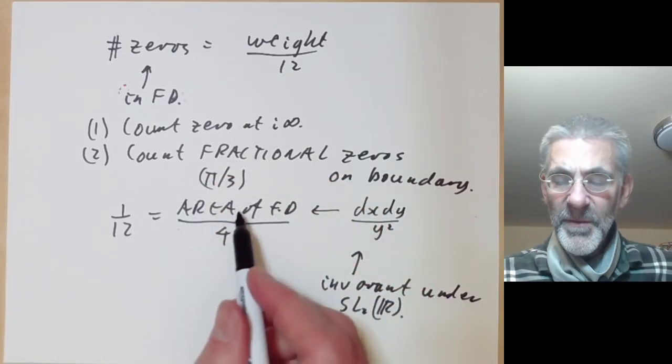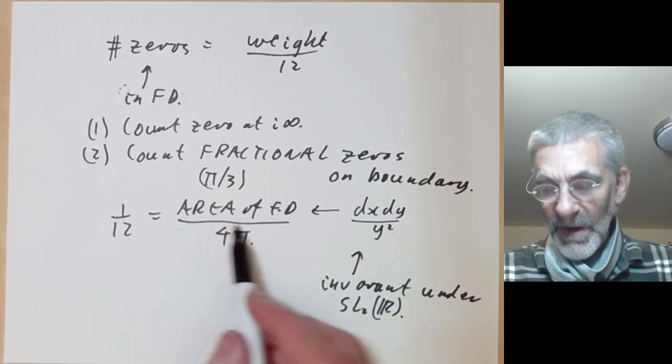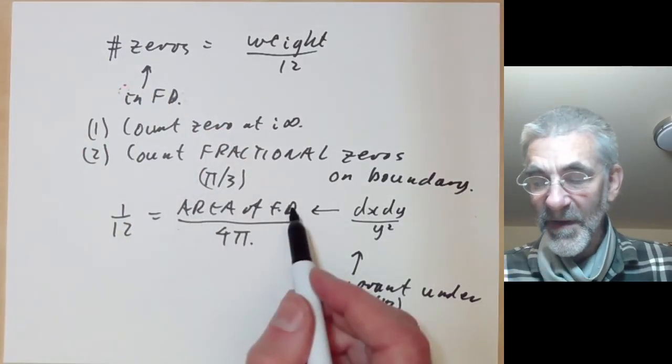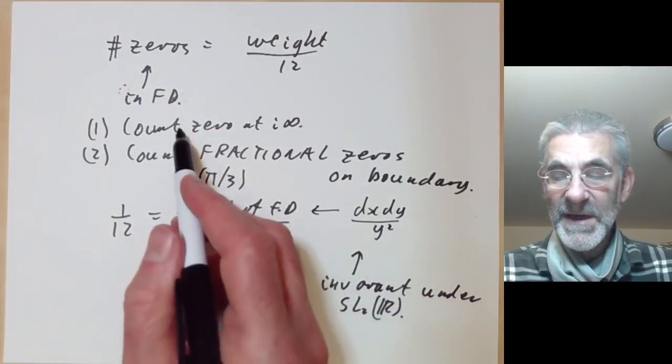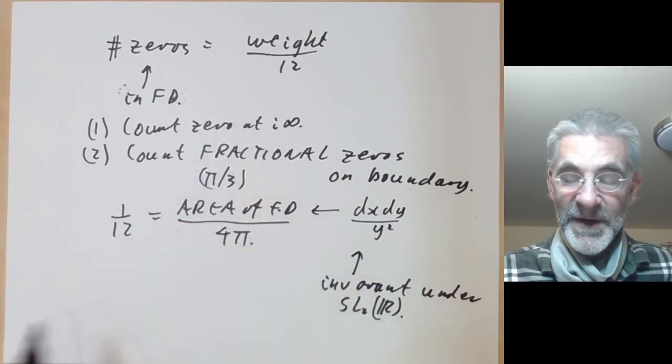And if you replace SL2 by some other group, then you find this formula still holds, that the number of zeros is the area of the fundamental domain divided by 4 pi, except you have to count zeros at all the cusps and you count fractional zeros.